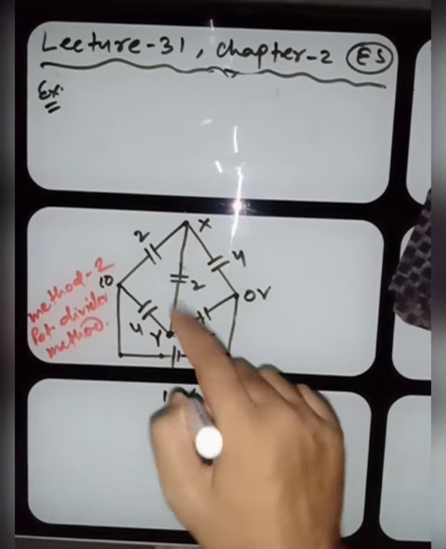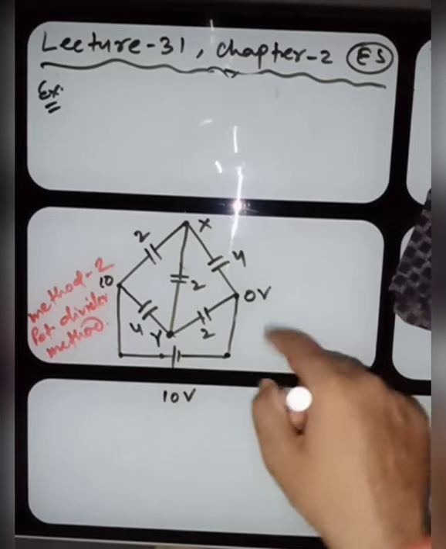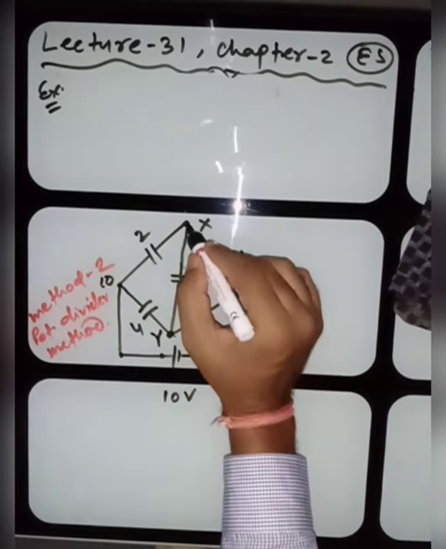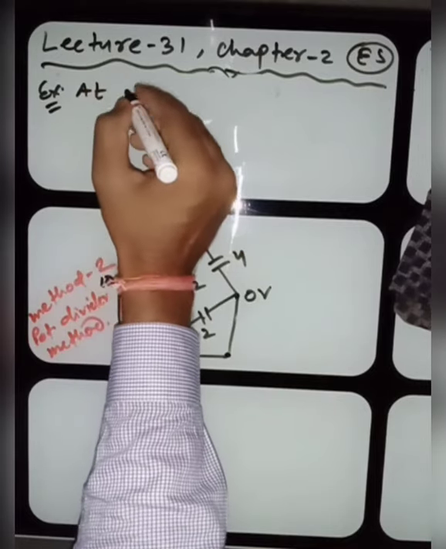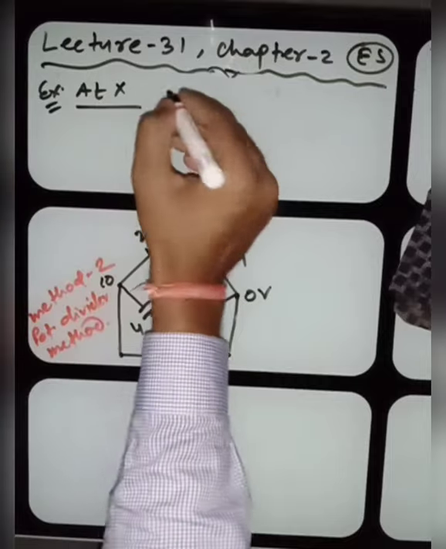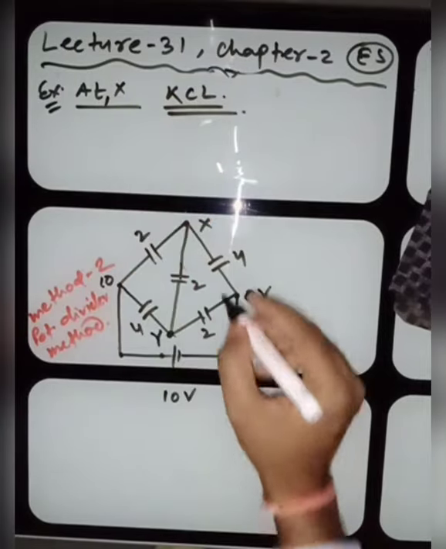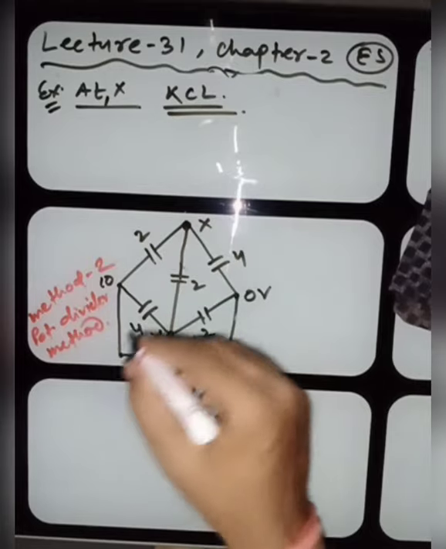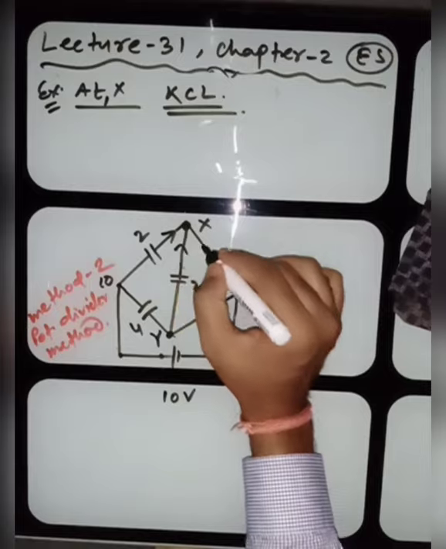Now we will use Kirchhoff's first law. My dear students, at this point we will apply Kirchhoff's law at X. KCL we are going to apply. Where? At X. So the charges are coming at X from three sections, from here and here.